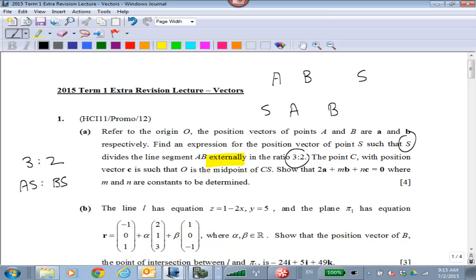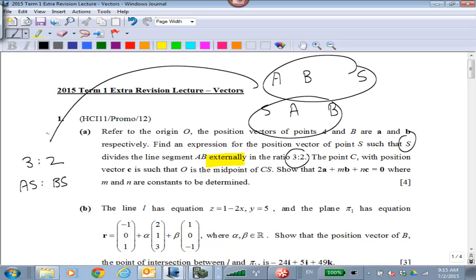If that's the situation, which situation should fit? First one, why? Because who is longer? AS, right? And the only situation where AS is longer than BS is the first situation. Make sense?